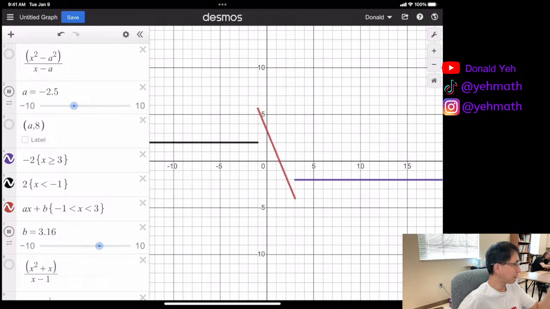But the problem is I play the button at different times. If I play at different times, there's only one chance, and one chance only, that these three lines are connected. So where's the breaking point? Where do they break? It happened at x equals what? Negative 1 and where? 3. Right?